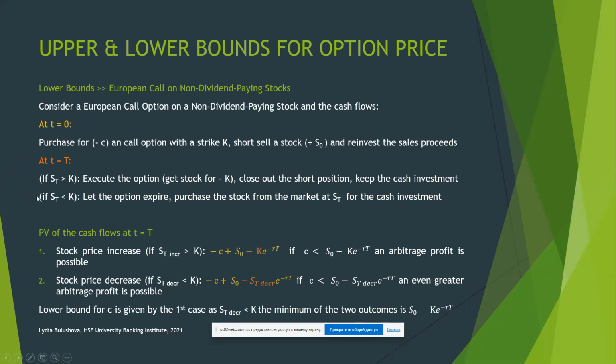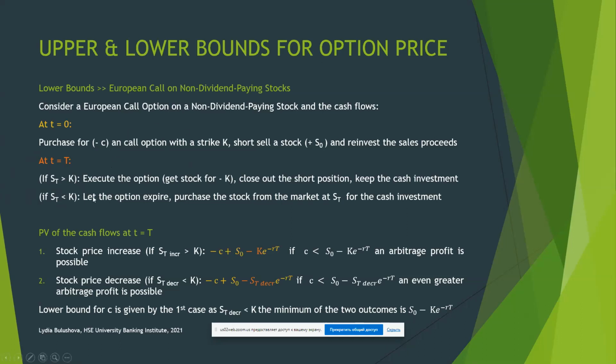And the second, the red part: we have discussed what's going to happen if the asset price is greater than K, the strike price. And now we discuss what is going to happen if the asset price S sub T, subcapital T, is less than the strike price.